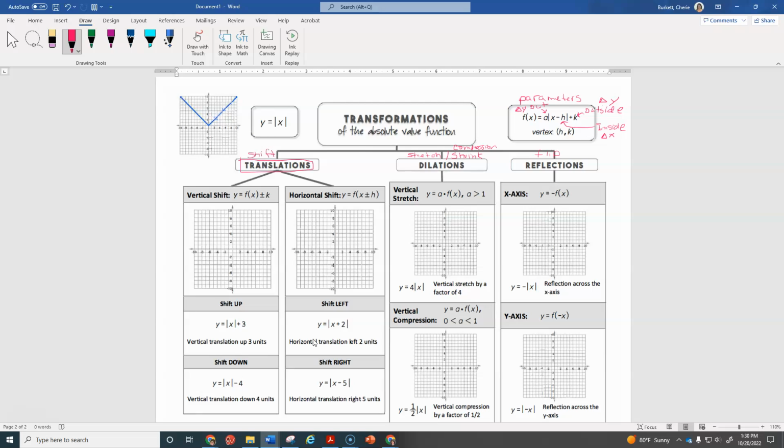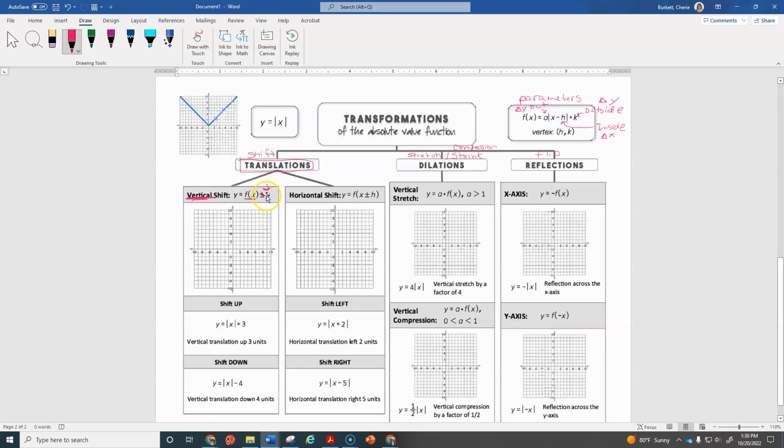So if it's changing the y value, that is a vertical change because verticals are y. Since the k is on the outside of the function, do you see how they're showing you right here? Here's the function, and then we're outside the function with either a plus or minus. So k is outside the function. That's why it's causing a vertical shift. And it behaves exactly the way we think.